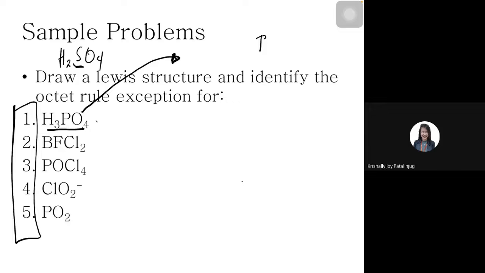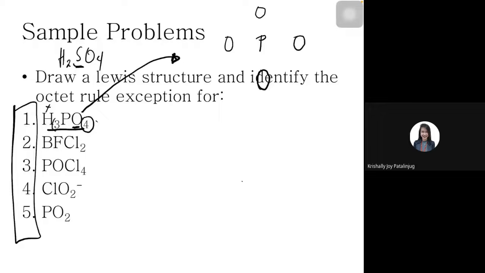Ano sabi ko kanina? Kapag meron sa chemical formula, may kasama si hydrogen, being the surrounding atom, meron siyang kasamang highly electronegative atom na magiging surrounding din, and then yung quantity is 4. Yung highly electronegative atom, 4 siya or more than 4. Automatic, yung highly electronegative atom lang ang directly attached kay central.